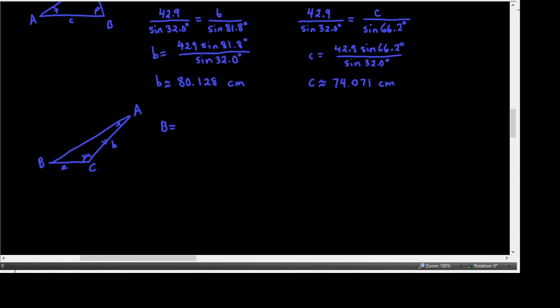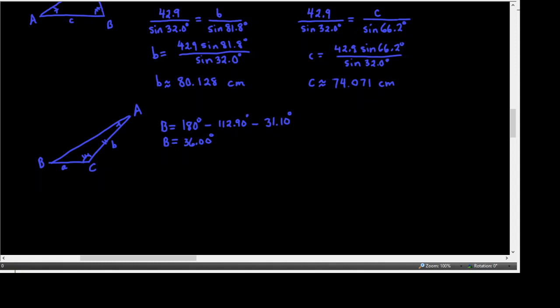So B is the sum of all three angles, 180, minus C, which is 112.90 degrees, minus the other given angle, which is 31.10 degrees. And so when you do that subtraction, you end up with B equal to 36.00 degrees.